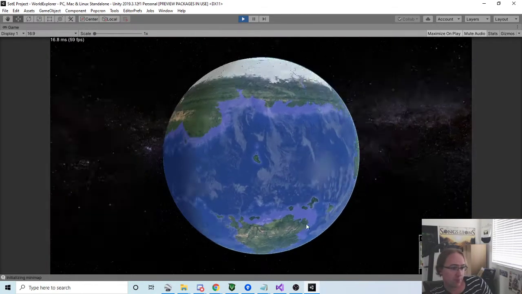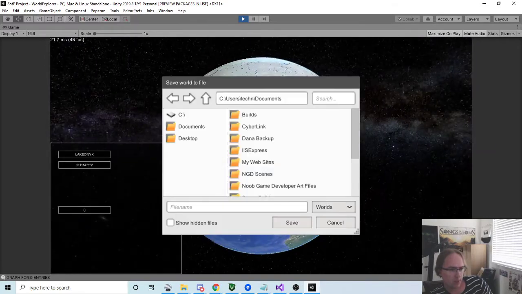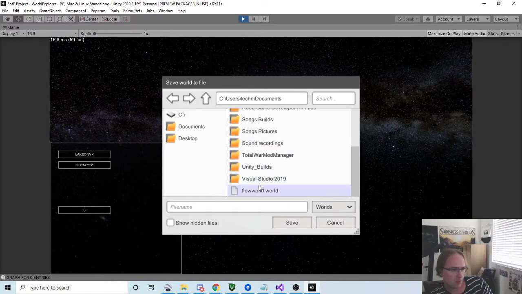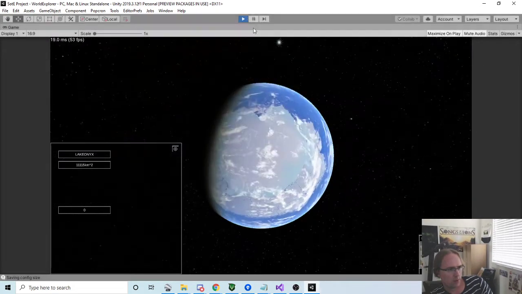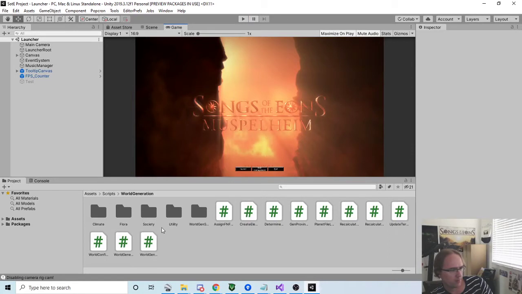Pretty good. Okay, so let's go ahead and save. Flow world. Now we will load it in runtime and then let it rip. Make sure we don't have any issues. We haven't done any tuning yet, but that's okay.